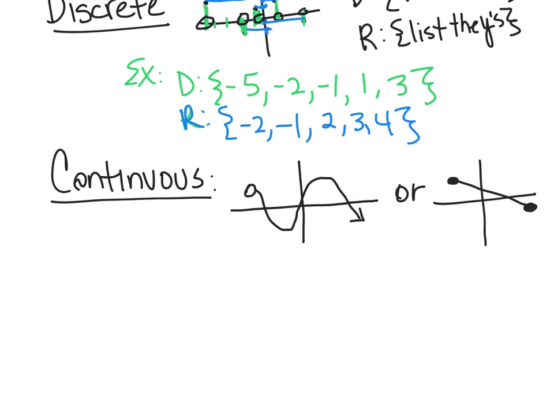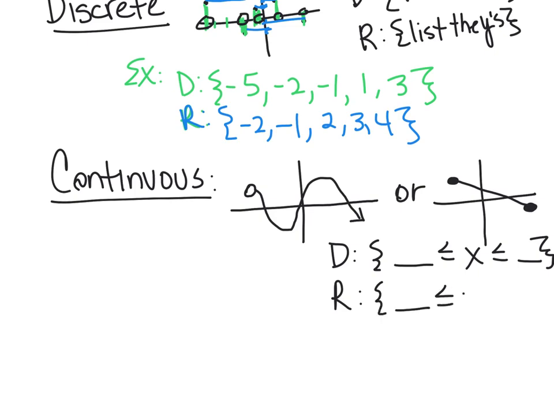So our domain is going to be the lowest x value, less than or equal to or just less than x, and then the highest value. And our range will be in this same format, where we have the lowest y and the highest y.